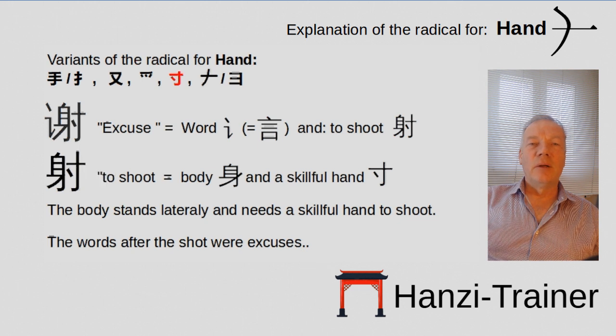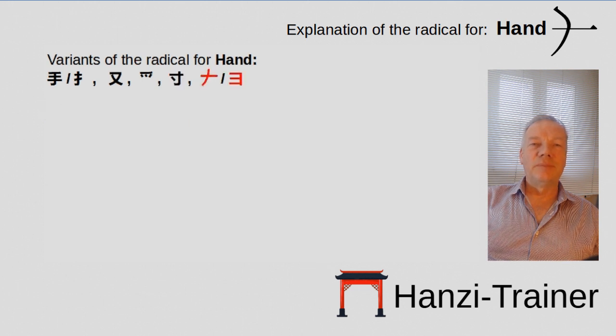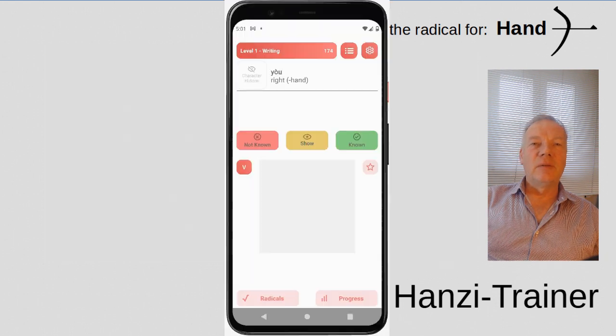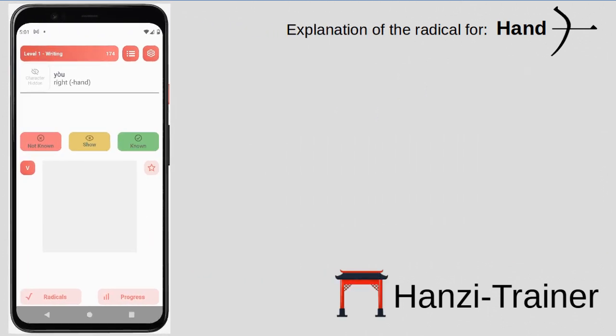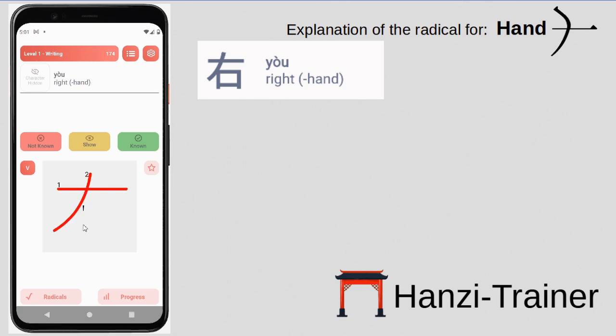Now we are coming to this variant for hand, but I like to explain it to you by using the smartphone app. I am now asked in the Hanzi trainer for the character for the right hand side. Here in the bottom it's a drawing area where I can draw the character with my finger.